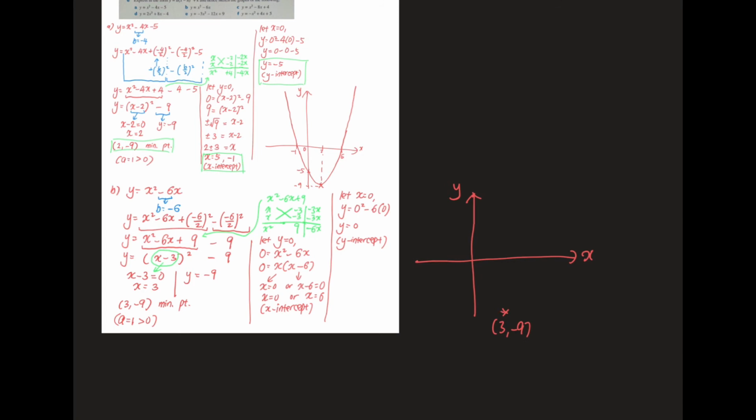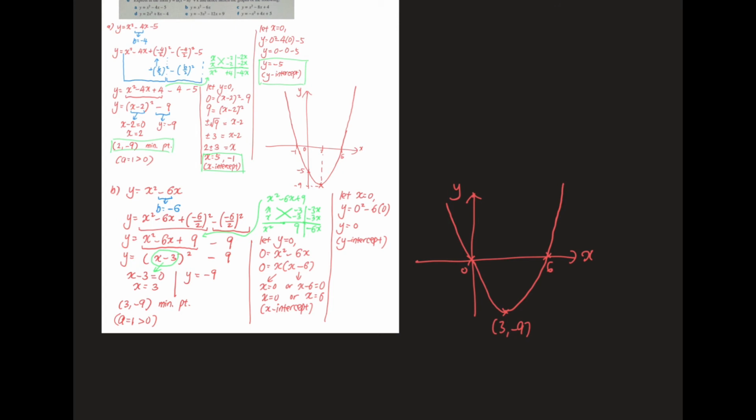So when I draw the smiling face graph, I need to pass through 0, the origin. And the other side is 6. The y-intercept is 0, so the y-intercept is this point at the same time. So the x-intercept and the y-intercept is the same point. Okay, so that's the graph.